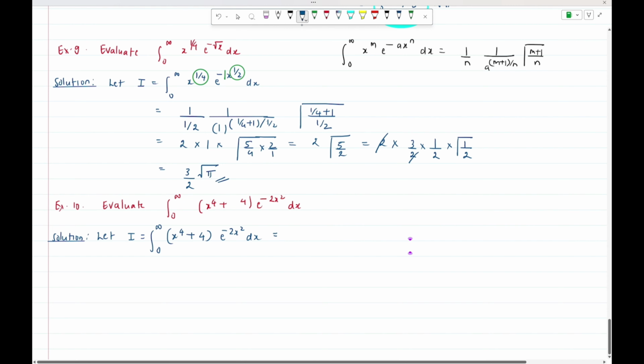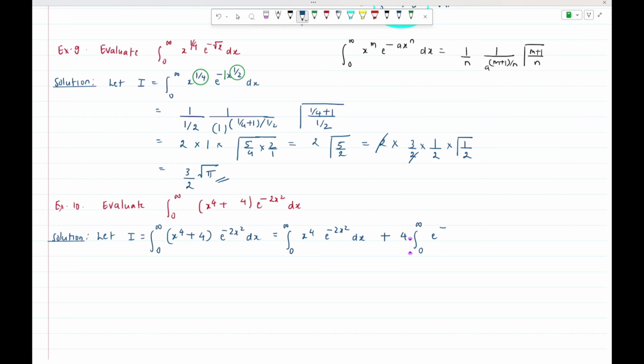Now we can split this integral into a sum of 2 and rewrite it as the integral from 0 to infinity x raised to 4 e raised to negative 2x square dx plus 4, which is a constant, we can pull that out of the integral 0 to infinity e raised to negative 2x square dx.